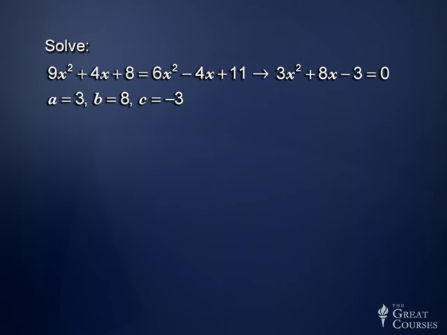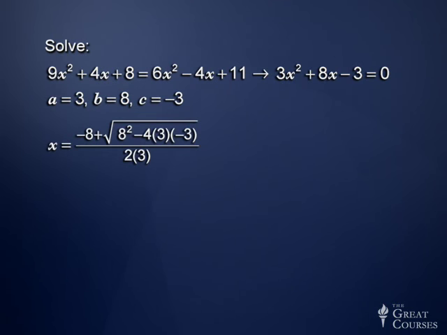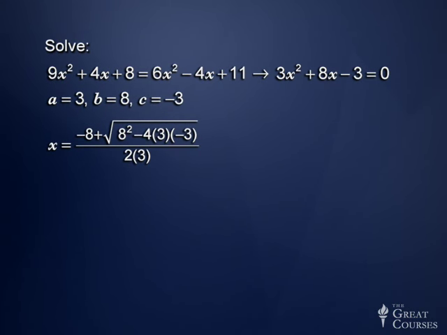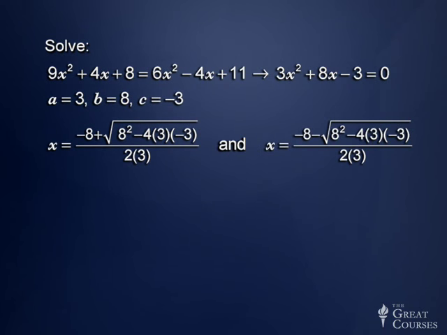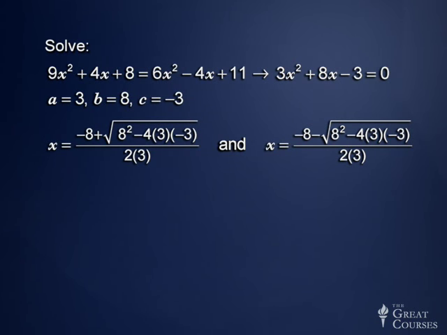That means if you plug that information into the formula, the solutions are x equals negative 8 plus the square root of 8 squared minus 4 times 3 times negative 3, divided by 2 times 3, because the a value is 3. And the other solution is x equals negative 8 minus the square root of 8 squared minus 4 times 3 times negative 3, all divided again by 2 times 3.